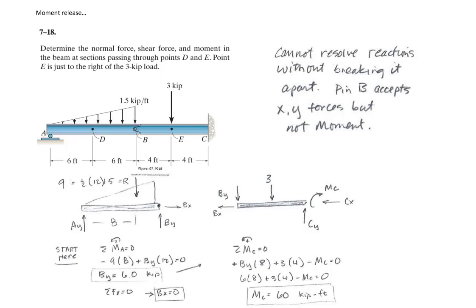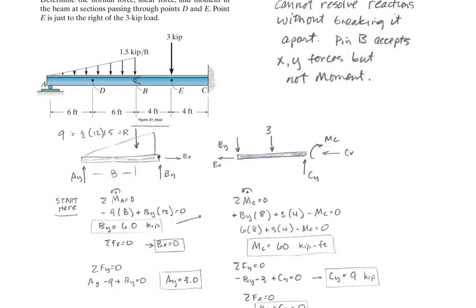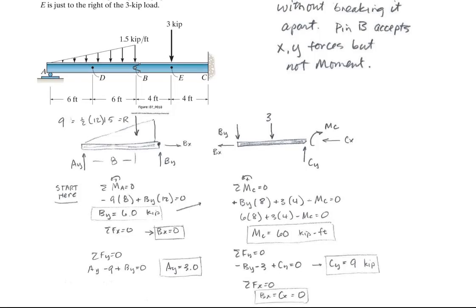That's basically the frames technique or method of sections technique, where you separate one side from the other side, transfer the mating forces equal and opposite, and then you can find out what that moment reaction is over here and find out what the X and Y forces at A and B and C are. So I'll let you look at that solution.